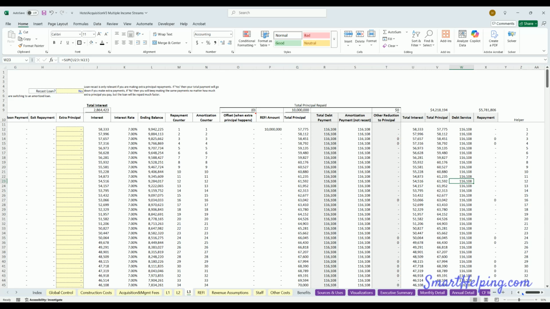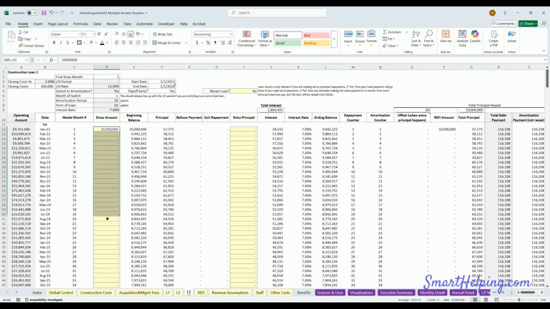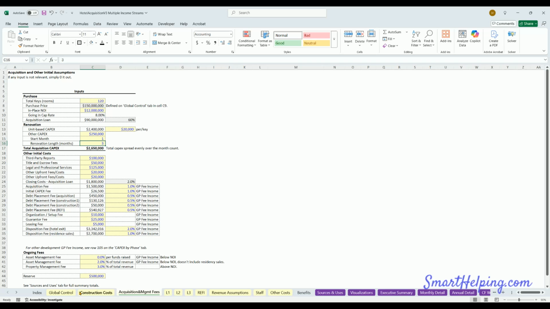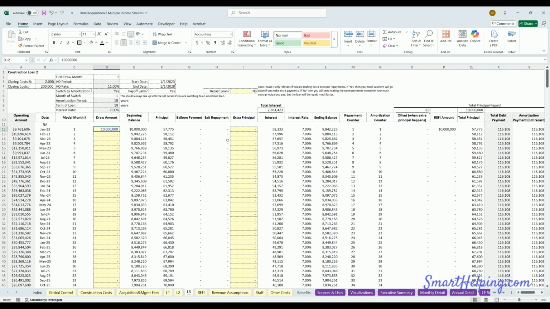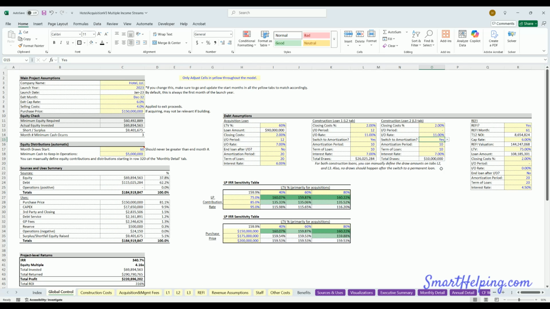So you can use those as construction loans that happen over time, or you can use them as initial loans where there's just an initial draw amount, and then interest and principal being paid back based on terms here. So you can do that with either of the construction loans as well. So it gives you even more flexibility if you're doing a more complex acquisition or just more complex debt structures.